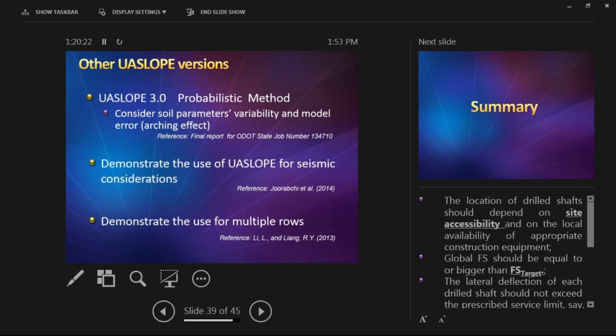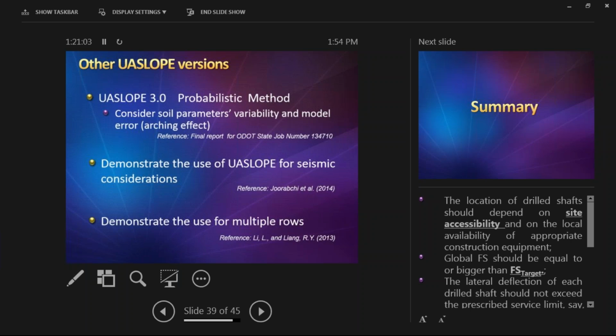The other thing is we have demonstrated the use of UASLOPE for design of drill shafts in seismically active areas, because you do have earthquake-produced inertial force on the slope. And maybe the design is more about the permanent displacement of the slope after the earthquake has occurred. And certainly the strength limit and service limit are also of concern. This one was published in 2014 in the Journal of Soil Dynamics and Earthquake Engineering.